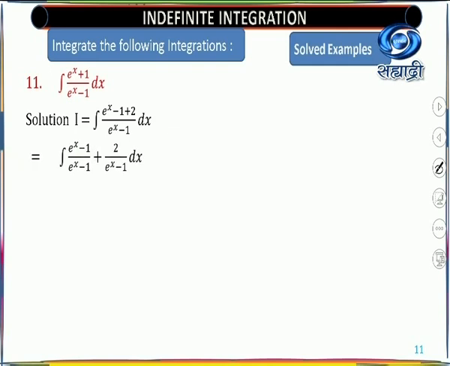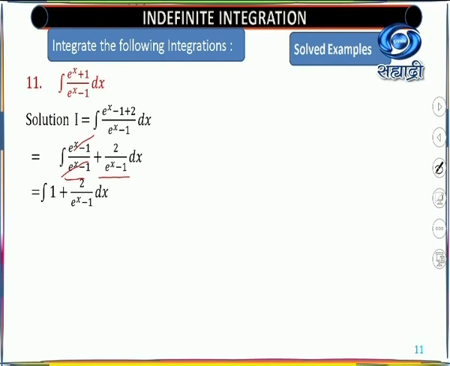So what way will you separate? You take e raised to x minus 1 upon e raised to x minus 1 as the first term. And what will be the second term? 2 upon e raised to x minus 1 dx. Okay. Now separate these two integrals. So what will you get? You will get 1 plus, because e raised to x minus 1 upon e raised to x minus 1 will get cancelled.